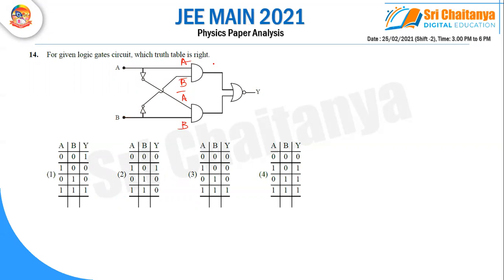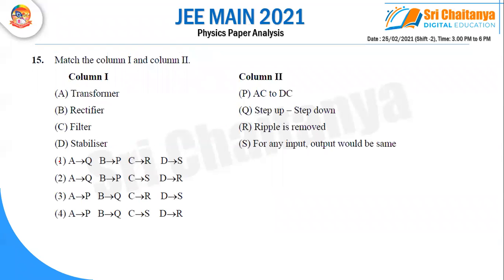Now this will be A into B bar, and this will be A bar into B, and here it is OR gate, NOR gate, and A B bar plus A bar B, and this will be whole bar. And when you do it properly, you are going to get this as the right answer.